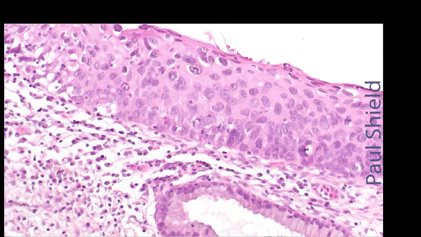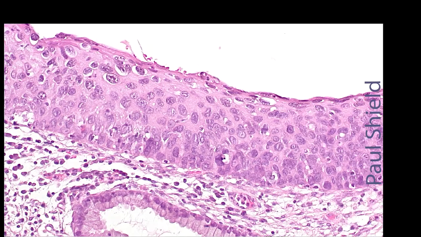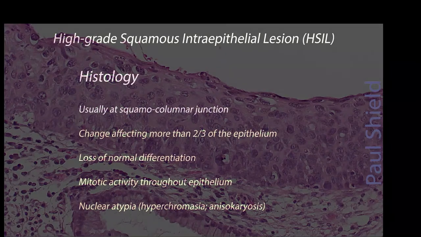And you can see there's quite a lot of variation in nuclear size and shape. If you compare, say, this nucleus with this one, there's quite a lot of variation. And notice only along that very top bit is there any differentiation, so flattening out of the cells.